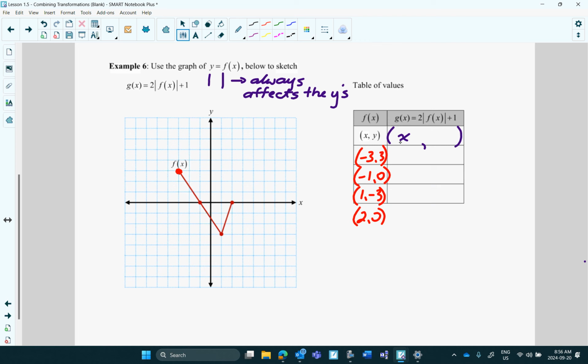What are we going to do to the y's? We're going to make them negative, and we're going to multiply them by 2. This is also on the outside, which means what else are we going to do to it? Because that's absolute value. Oh, sorry. What am I doing? My mistake.